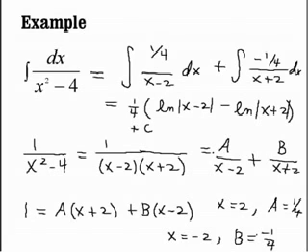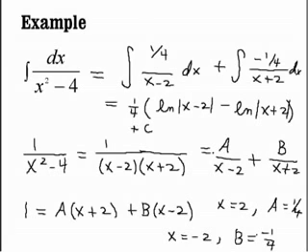So this is what we do here. We say that 1 over x squared minus 4 is 1 over x minus 2 times x plus 2. So we say that this equals a over x minus 2 plus b over x plus 2.